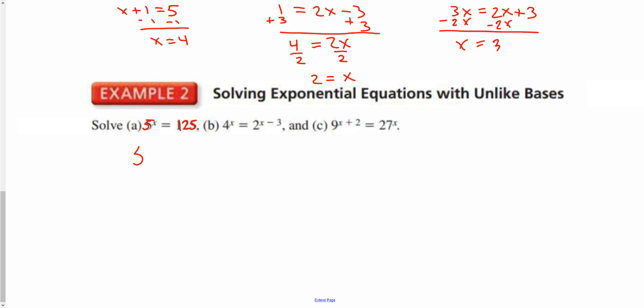If I have 5 to the x, could I rewrite 125 as 5 to the something power? What would the exponent be? 5 to the 5 is like, no, that's to the third. Yeah, it's to the third power. Yeah, so all we do is change one of them. So usually it's going to be the bigger one. Now that they match, we can cross them out, and there's our answer.